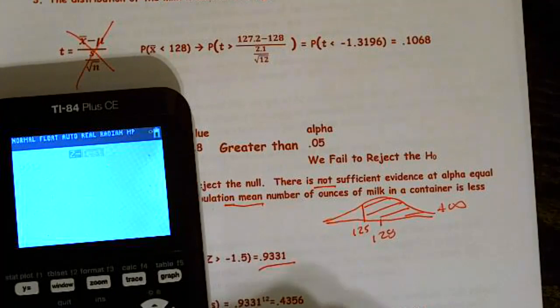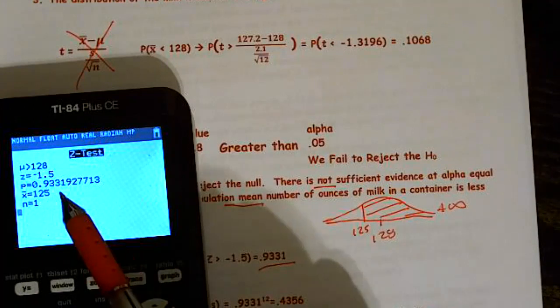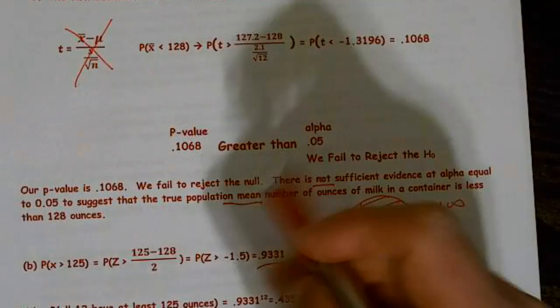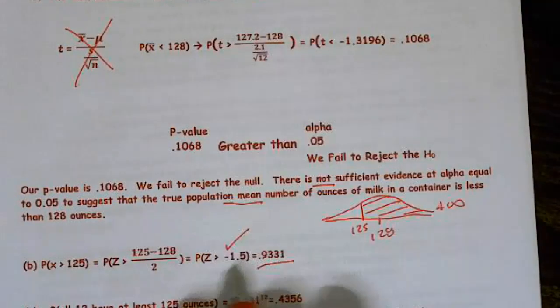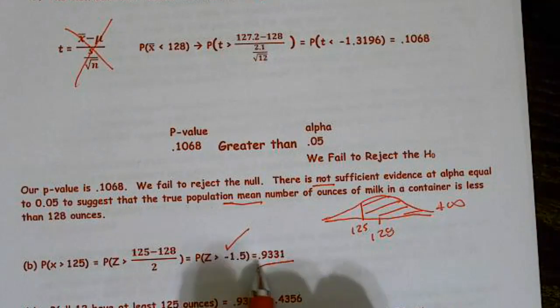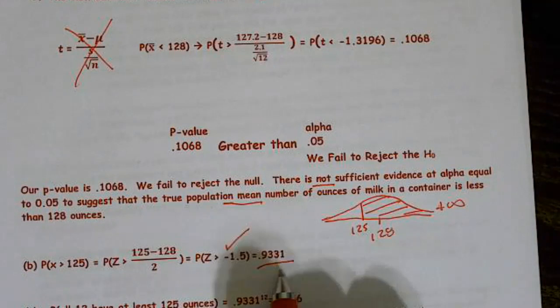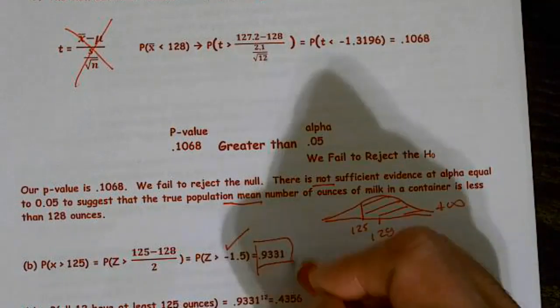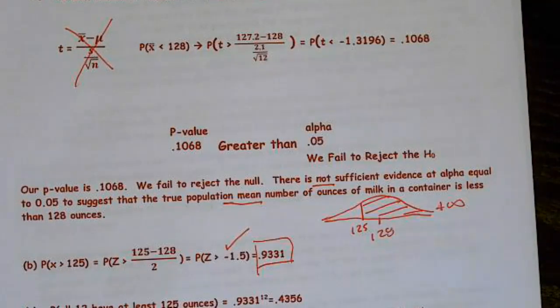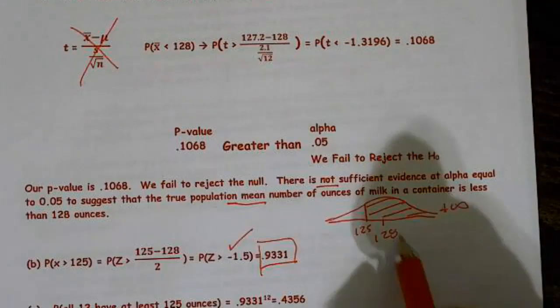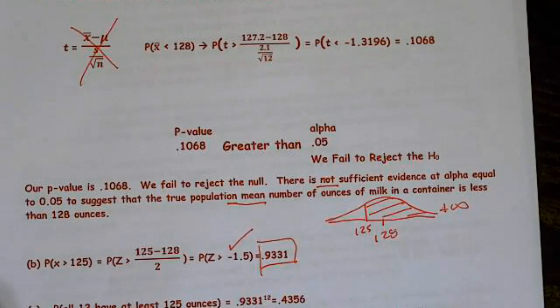I go calculate, and I end up getting 0.9331, but I also get the Z-score of negative 1.5, and it's really important that we have that as well. So the probability that we have at least 125 ounces from this machine is 0.9331. That's pretty good: 93% of the bottles will have at least 125 ounces of milk when the machine is at 128 with a standard deviation of 2.